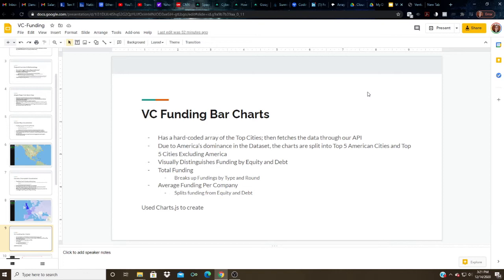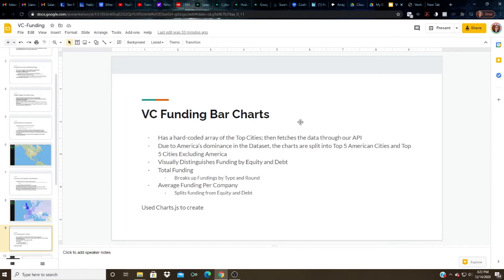But for the purpose of this data app, we didn't need to change the information, especially since it's static data that doesn't change because it ended in 2015. So it works for this particular case. We looked at America and got the top 5 American cities versus the top 5 foreign cities, because America was heavily dominant in this data set in terms of total funding.